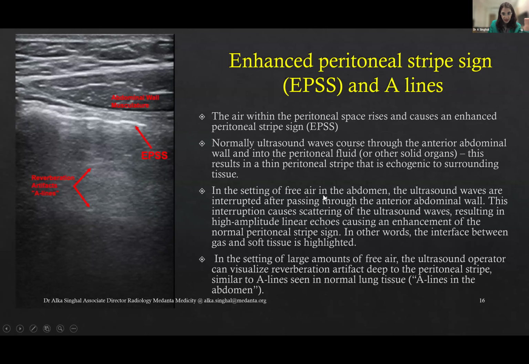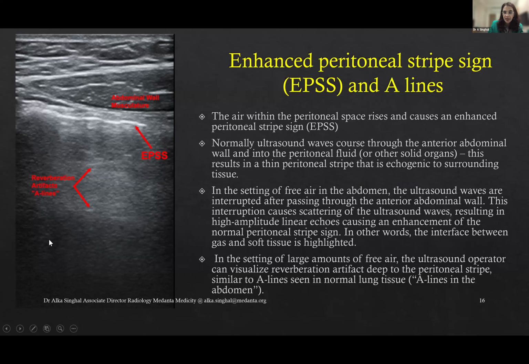But in the setting of free air in the abdomen, the ultrasound waves are interrupted after passing through the anterior abdominal wall, and this causes scattering of the ultrasound waves, resulting in high amplitude linear echoes, causing an enhancement or echogenicity of the normal peritoneum. So this leads to the echogenic appearance of the peritoneum and the peritoneal stripe sign. In other words, the interface between the gas and the soft tissue is highlighted. When you see that kind of appearance, you suspect free gas.